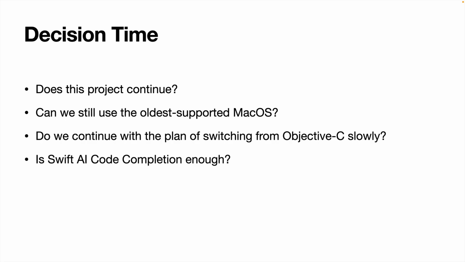And that leads us to our next item: is Swift AI code completion enough these days? Apple promised us Swift Assistant last year at WWDC, and maybe it'll come to fruition this WWDC.